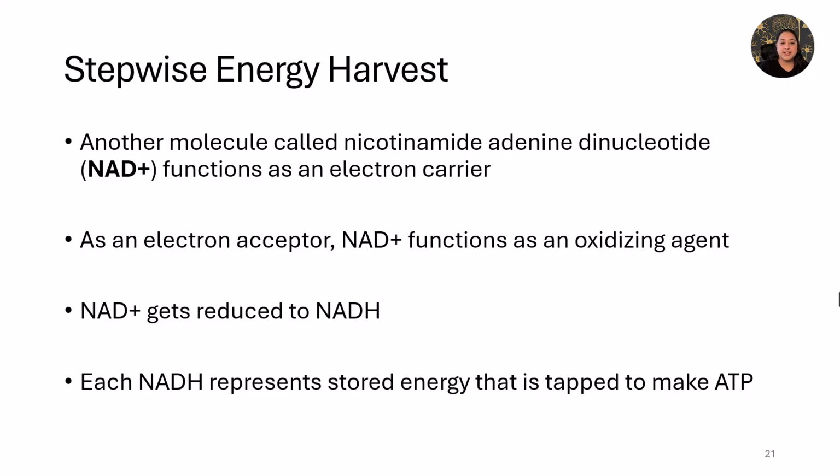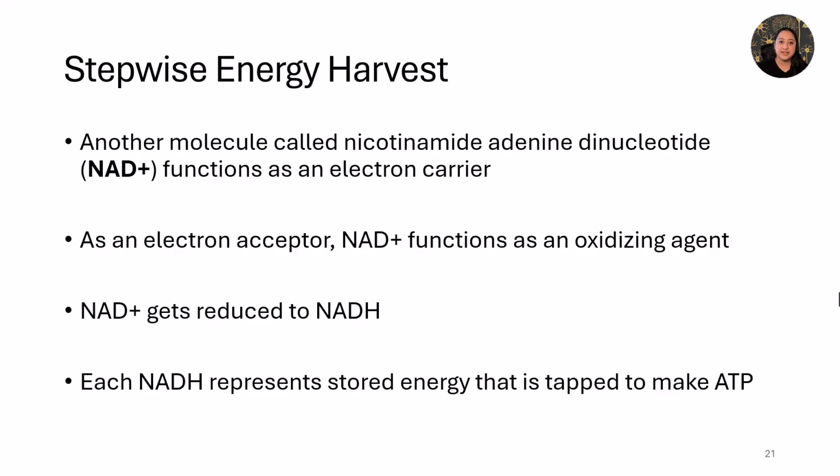So as an electron acceptor, NAD+ functions as an oxidizing agent. It'll oxidize something because it'll take the electrons and then carry them safely. So NAD+ is the oxidizing agent.